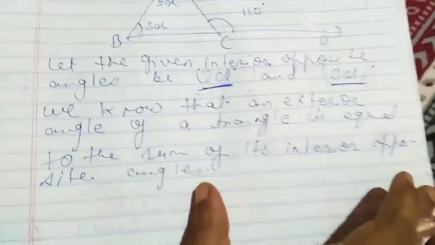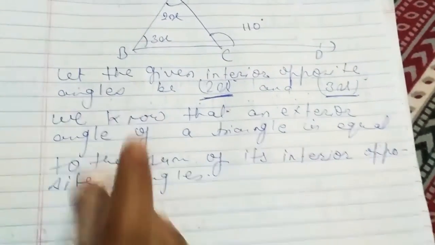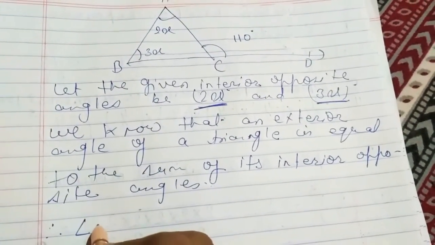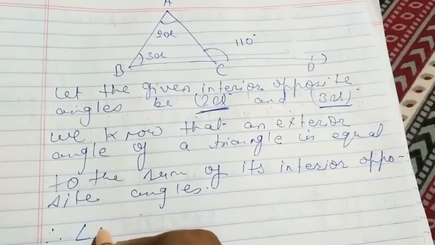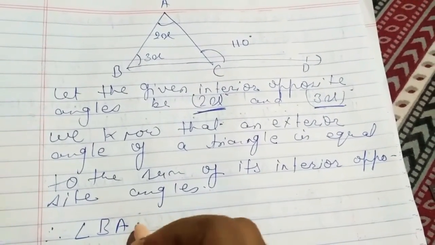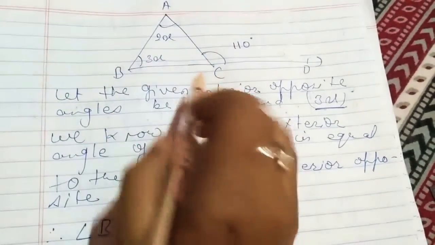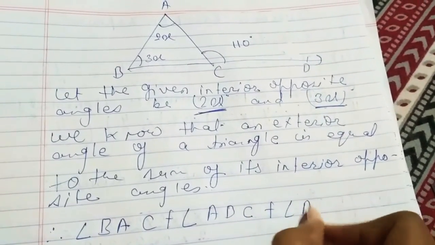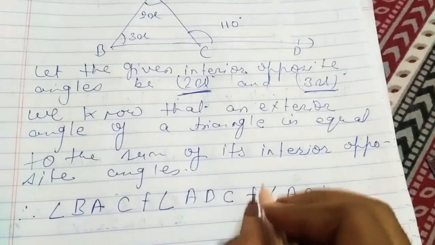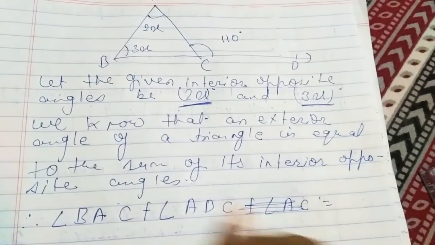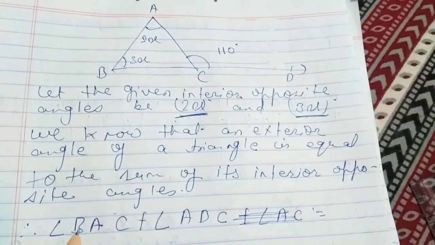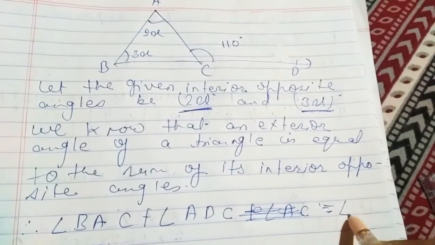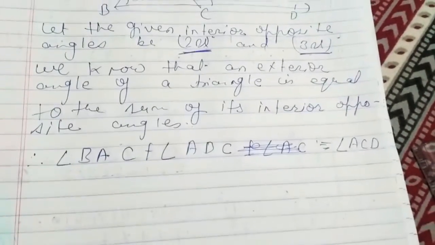According to this property just put their names. Therefore angle BAC plus angle ABC is equal to exterior angle ACD.